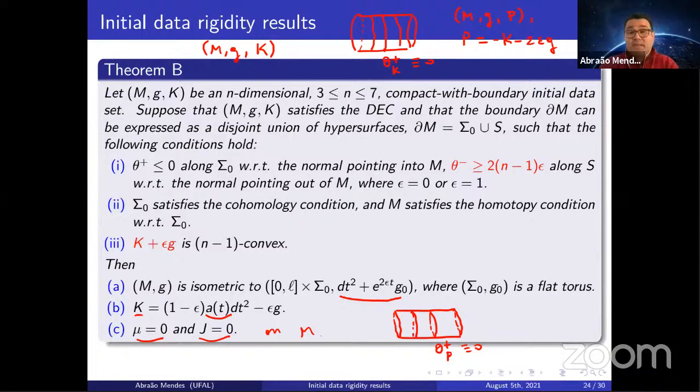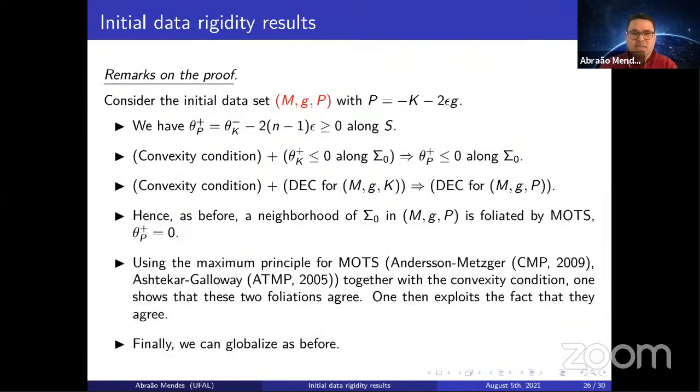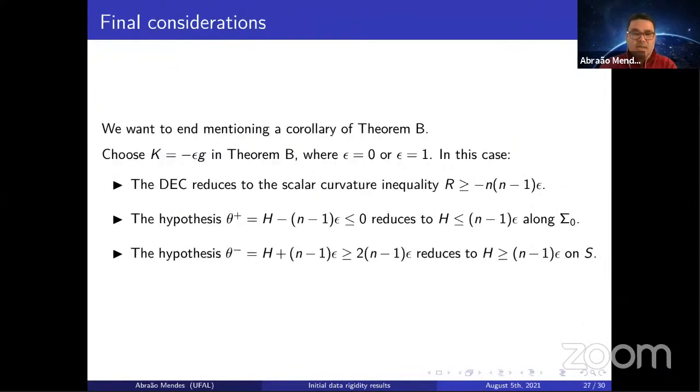In fact, they agree. So because they agree, we can make some calculations and exploit the fact that they agree to obtain the rigidity we just stated, okay? Then that's the general idea. Because of time I'm going to skip the remarks I made here.